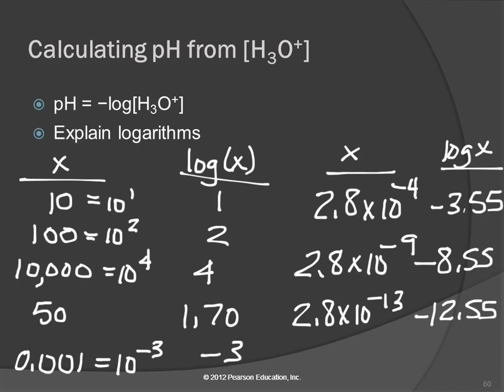So the reason I'm showing you this is because I want to tell you about how significant figures work with logarithms. Not because I'm going to test you on it, but because I think it's something that a lot of people don't understand, and even instructors that I've encountered don't know how logarithms and significant figures work. The significant figures in this number are the 2 and the 8, right? And those show up over here as the 5 and the 5.